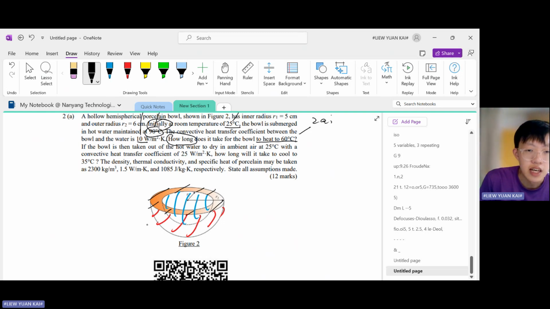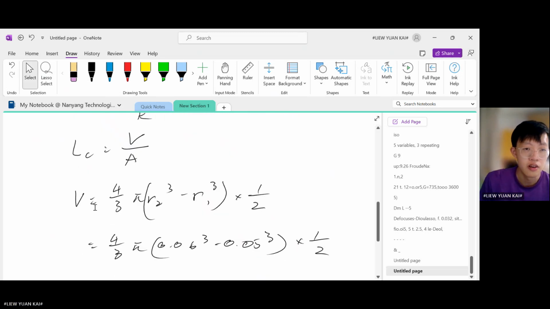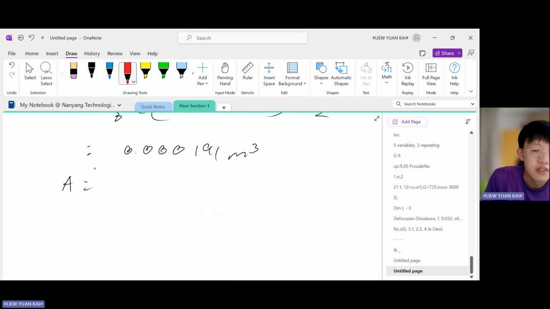So let's first tackle the outer hemisphere. The outer hemisphere is half the surface area of a sphere, right? Initially, it is one giant sphere, which we know is 4 pi r squared. But if you only want half of it, we just multiply it by half. So the first hemisphere is given by half of 4 pi r squared.